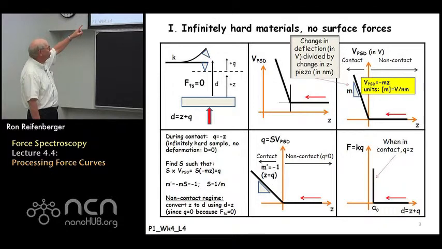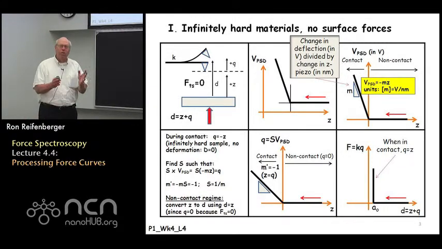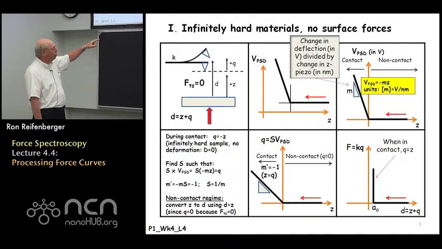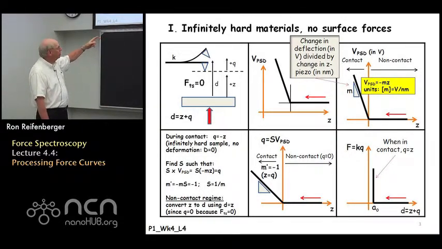It basically means that you have to determine the sensitivity parameter S, which is just equal to 1 over the slope that you measured in the third panel of the slide. So once you've got a curve which lists the cantilever displacement versus Z, then you can turn that into a force versus gap separation curve, simply because if you know Z and you know Q, then you know D, right?